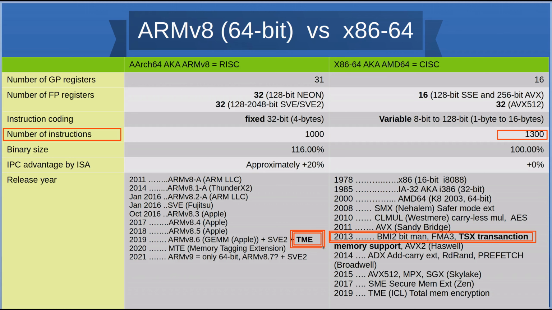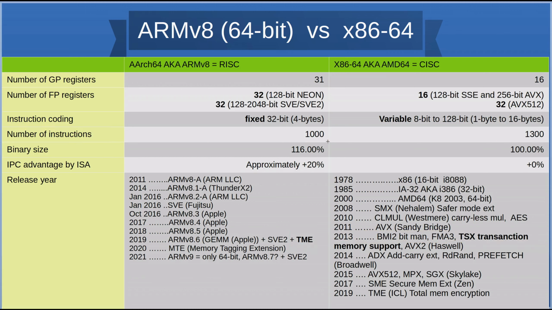So yeah, there is no wonder that ARM has around 1000 instructions. So yeah, it's not a RISC. It's not reduced like an 80-instruction instruction set. There are close to 1000 instructions.